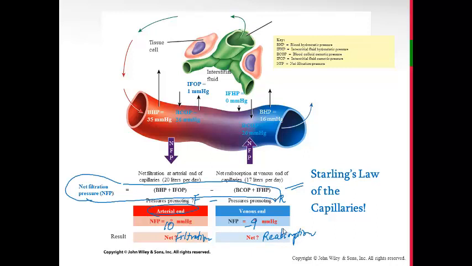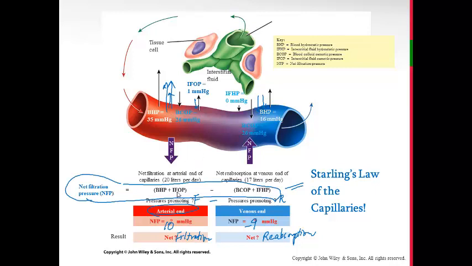So when we put it all together, the whole idea is you have things going out of the blood vessel, and you have things going in, but at different places. For instance, filtration is favored more at the arterial end, and reabsorption is favored more at the venous end.